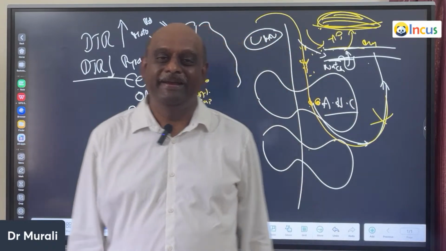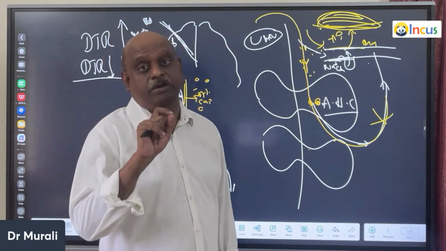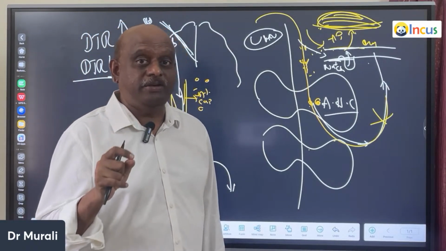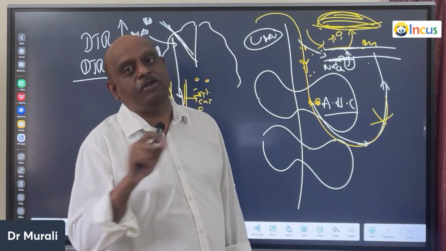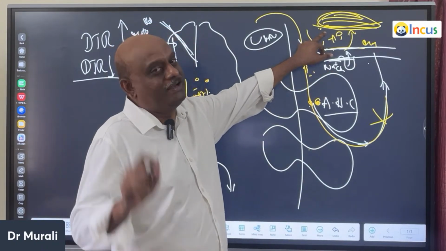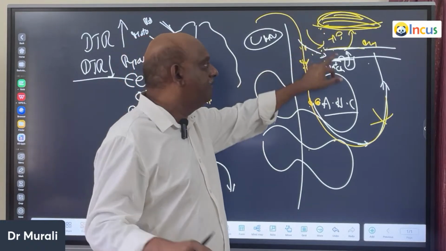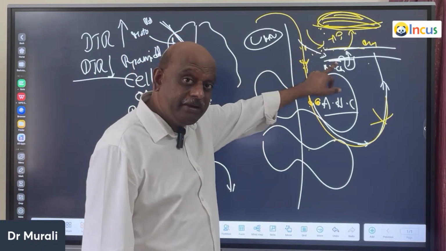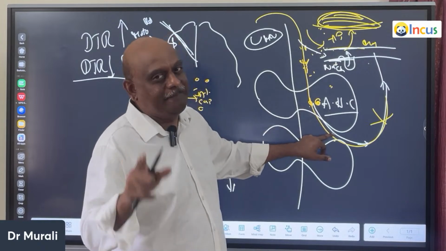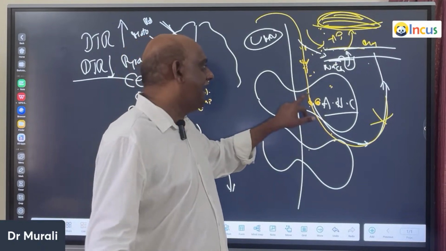In myasthenia gravis, deep tendon reflexes are normal because it is involving the postsynaptic membrane. Even in myopathies deep tendon reflexes are normal. Whereas in Eaton-Lambert, deep tendon reflexes are diminished. In peripheral neuropathies, deep tendon reflexes are diminished.